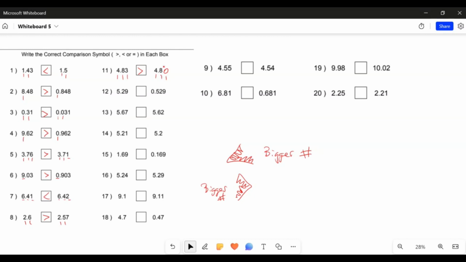Of those two, which one is the larger number? So you have to start at that decimal point. We have to start at the decimal point and start on the left side first. So I have a 5 and a 0. It doesn't matter now what's after the decimal place. 5 is bigger than 0, so we put a greater than sign.